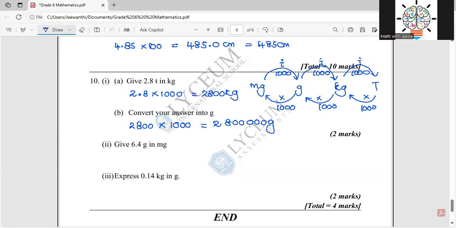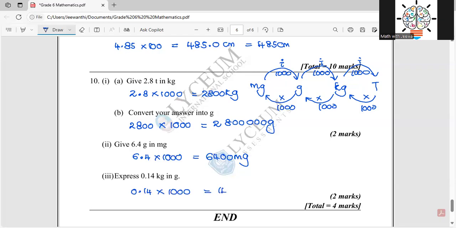So then the next one, 6.4 grams in milligrams. 6.4 you multiply by 1000, it gives me 6400 milligrams. And kilograms into grams. Kilograms into grams again, you have 0.14 multiplied by 1000.